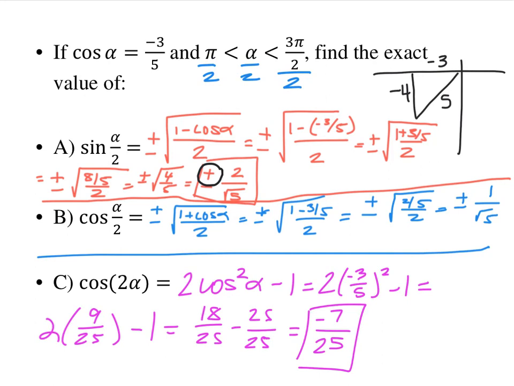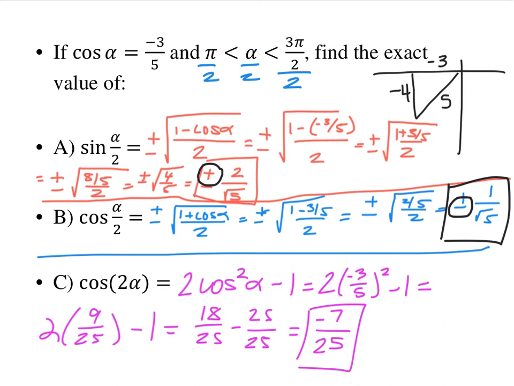So we want the negative answer. So we're going to take negative 1 over root 5. So one way you can figure out what quadrant your angle is going to be in is if they give you the domain of the original alpha. In this case, we want to divide everything by 2, and you can find the domain of your alpha over 2.